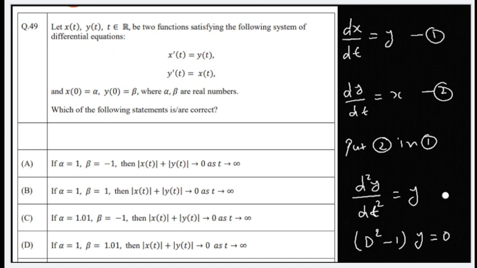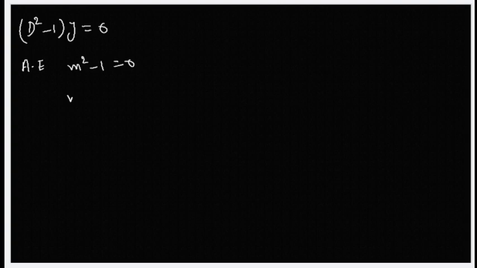Now we write the corresponding auxiliary equation of this differential equation. The auxiliary equation is m square minus 1 equal to 0, so m equal to plus minus 1.